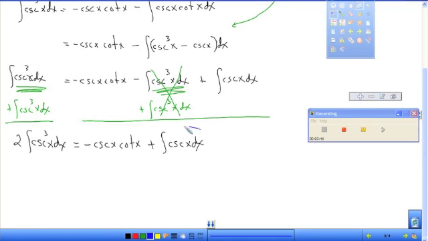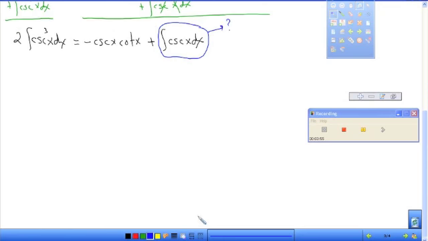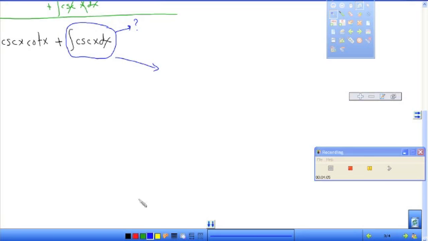How in the world do I integrate this cosecant of x? What we have to do is manipulate the way we look at cosecant of x. I know this seems kind of made up, but what you're going to do is multiply numerator and denominator by the quantity cosecant x plus cotangent x. It's a neat little tool to use here.